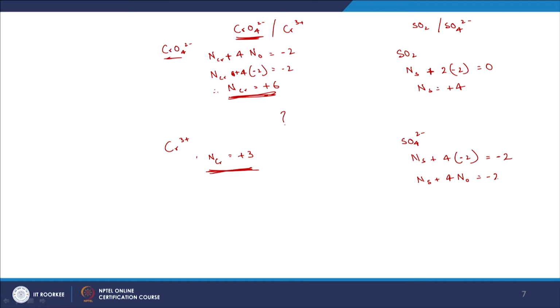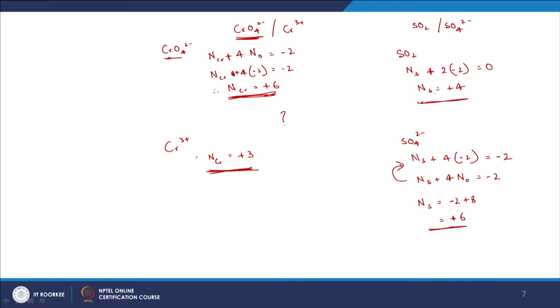From here we know that the oxidation state of oxygen in general is -2, it's the more electronegative element here, and so with that I can get the oxidation state of sulfur, that's going to be equal to -2 plus 8, so that's going to be +6.